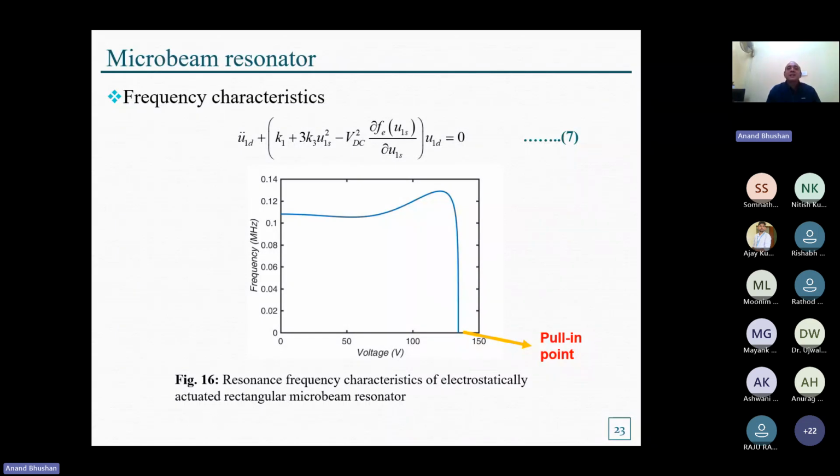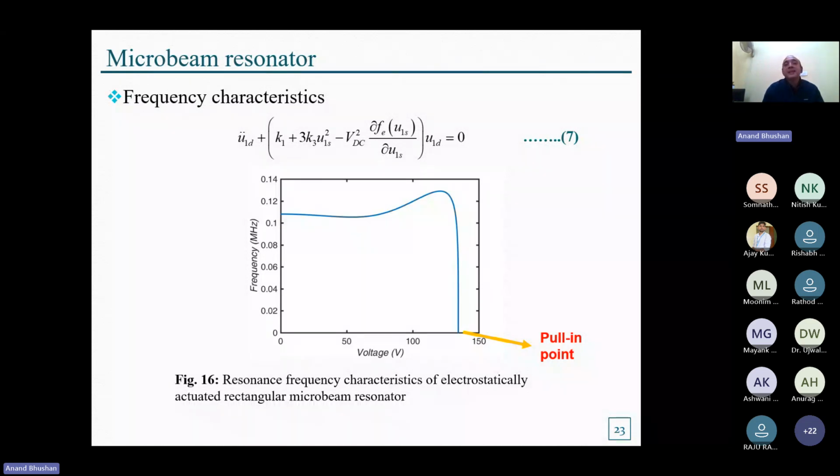In equation 7, we can see the coefficient of U1B is actually the effective spring constant of the microbeam resonator, and there are 3 terms. K1 is the case when the beam is not deflected, but of the other 2 components, one is positive and the other is negative. The second component, 3K3 U1S square, is due to the nonlinear beam stretching, and it has a hardening effect.